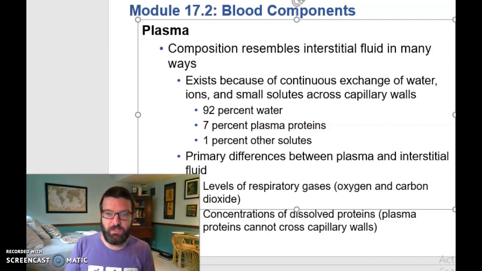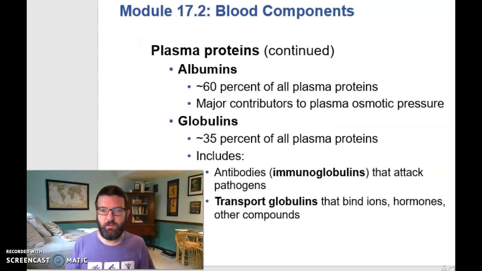The other one is the concentration of dissolved proteins. Proteins are too large to pass across those capillaries most of the time, and so the blood proteins that you have are not going to be diffusing back and forth between your blood and your interstitial fluid, and so the protein content is going to look a bit different. There are 3 main types of blood proteins.